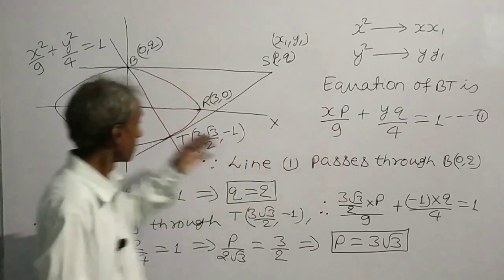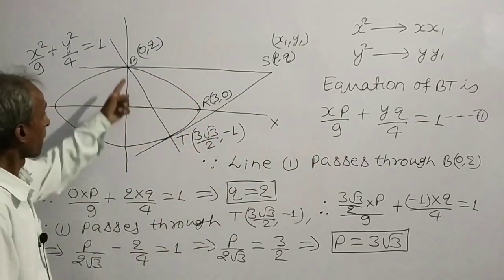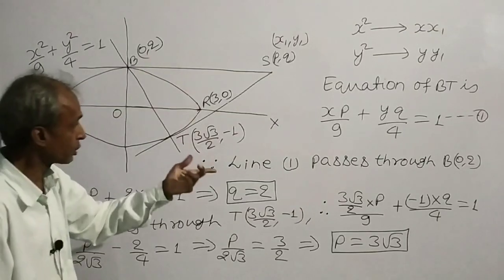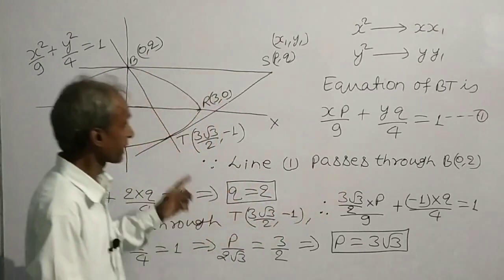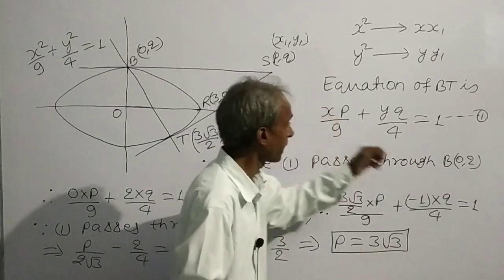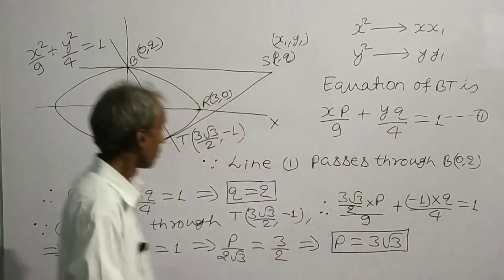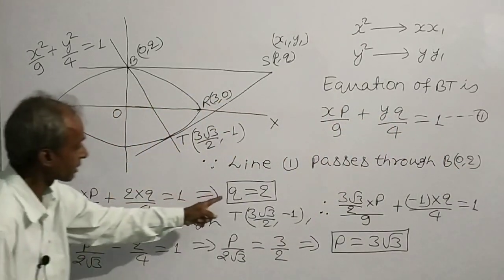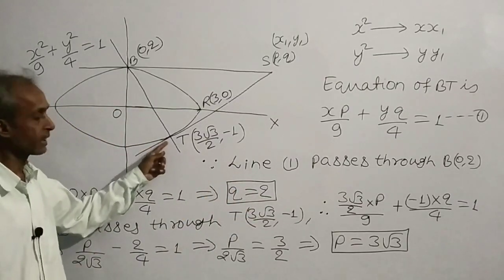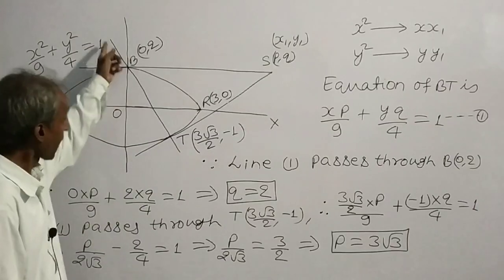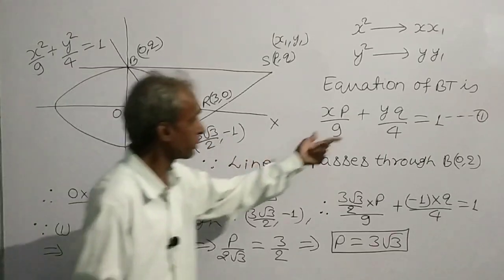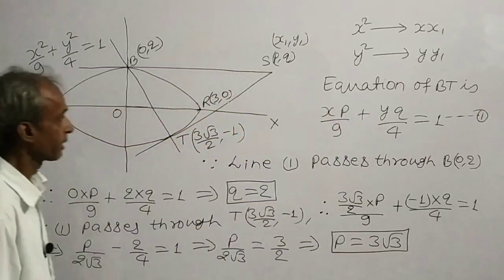Since this line, that means BT line, passes through point B, therefore coordinate of this point 0, 2 will satisfy this equation. We write 0 in place of x and 2 in place of y and get q is equal to 2. Since this T point also lies on this line, therefore coordinate of this point will also satisfy this equation.